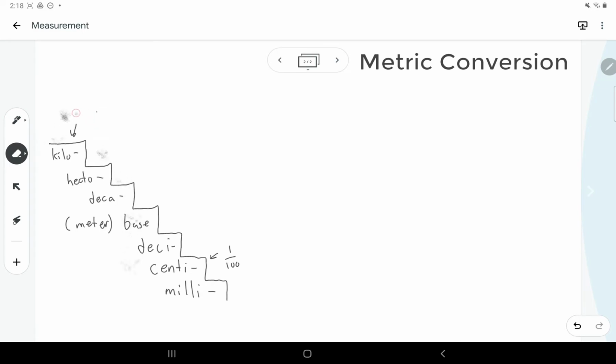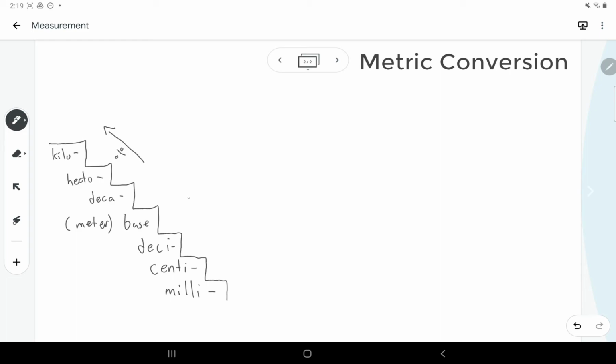Okay? So this is all well and good, but how does the staircase help me? Here's how we use the staircase. We're going to go up the staircase, make it a little bit simpler this time. Going up the staircase, you're going to a larger unit, we're going to divide.